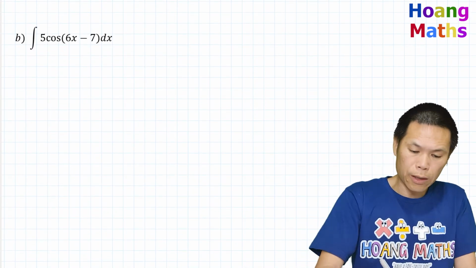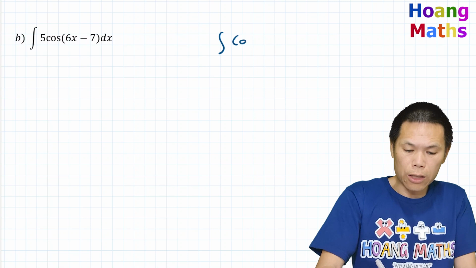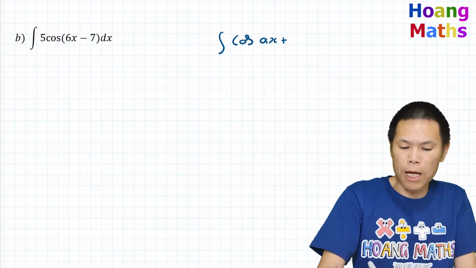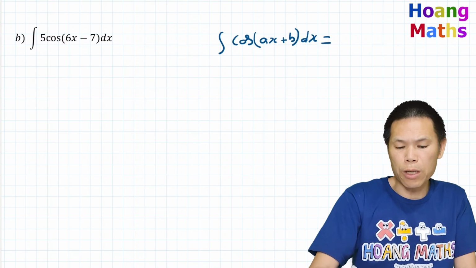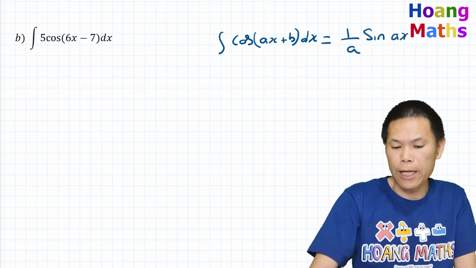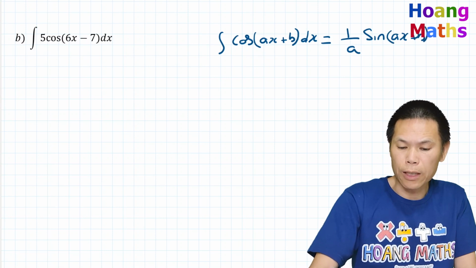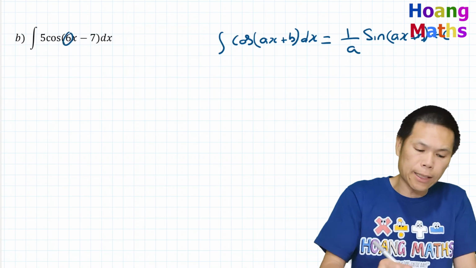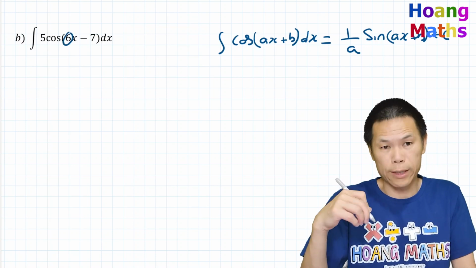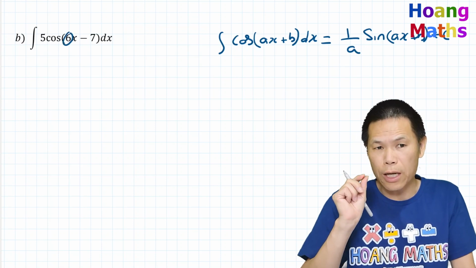Part B, integrate cos of ax plus b dx, of course, that will give me 1 over a sine of ax plus b plus a constant. So we know that a in this case is 6. So therefore it is 1 over 6. Okay, but 5 is the constant.